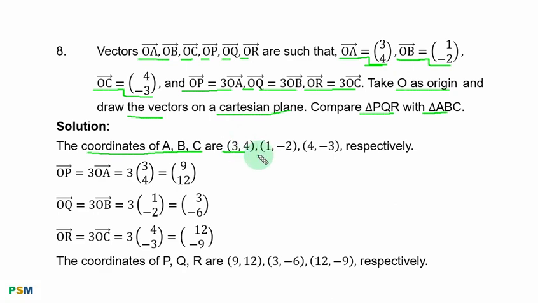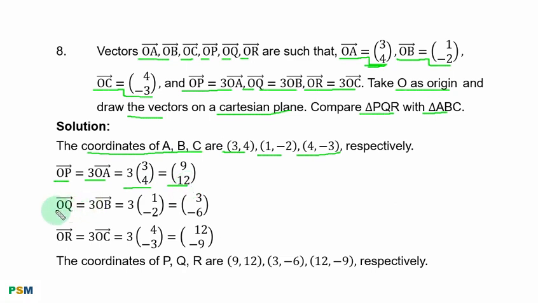This is for B, then this is for C. Vector OP is equal to 3 times vector OA. You multiply vector OA by 3 to get vector OP as the column matrix with the entries 9, 12.